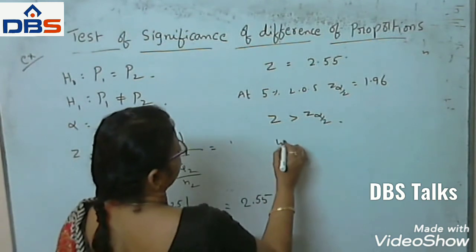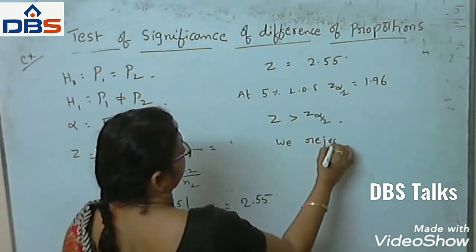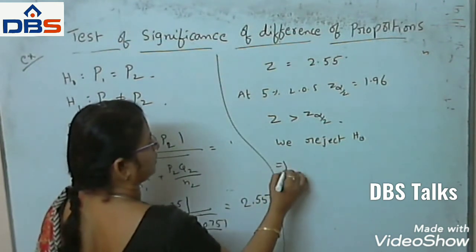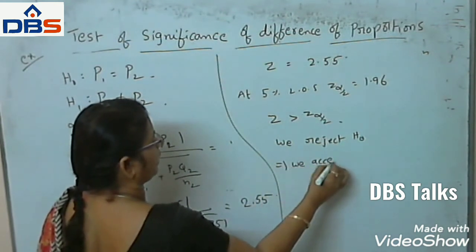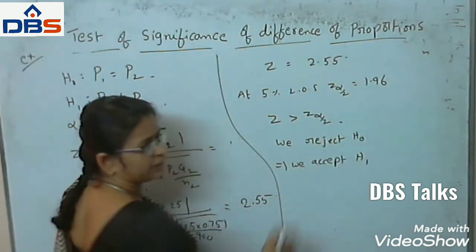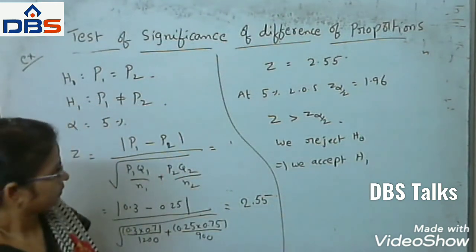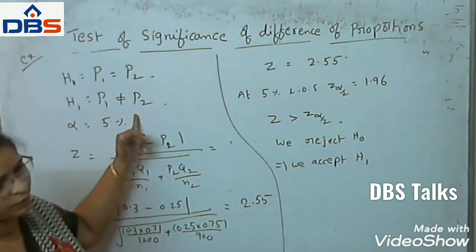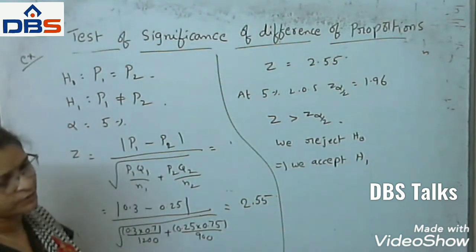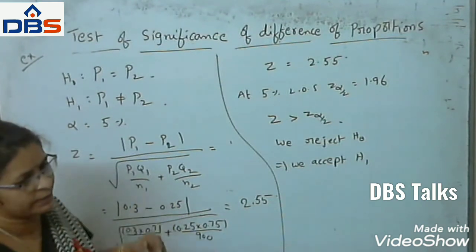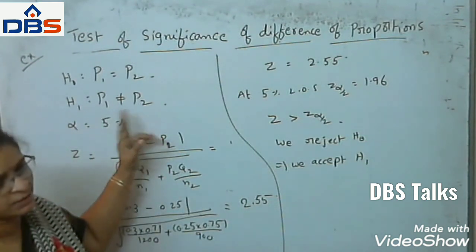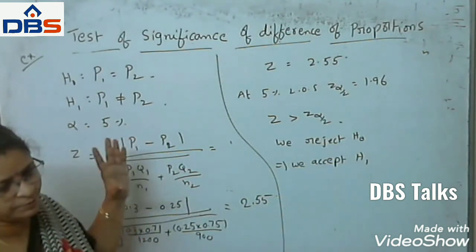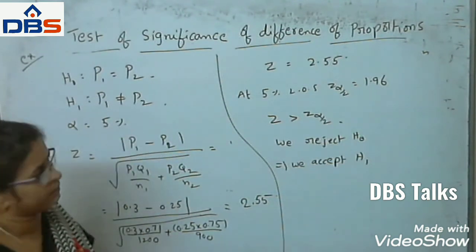So we reject H0, that means we accept H1. We are accepting the statement that P1 not equal to P2. So we can say that the two population proportions are not equal. There is a significant difference between the two population proportions.